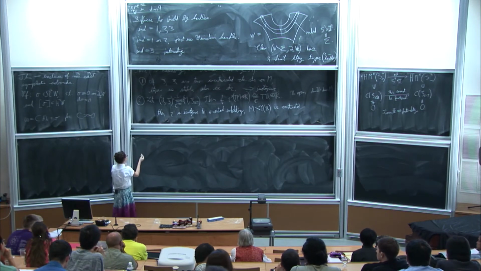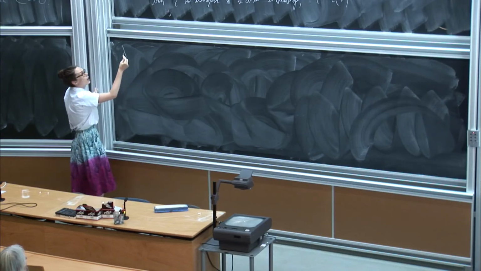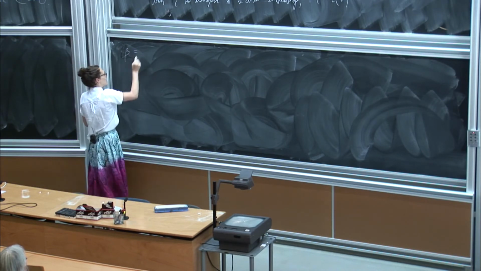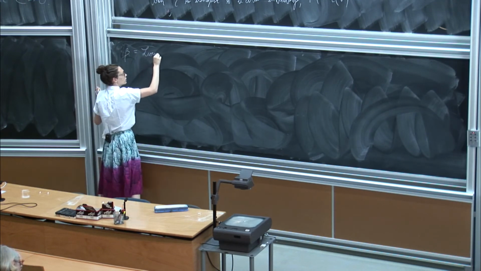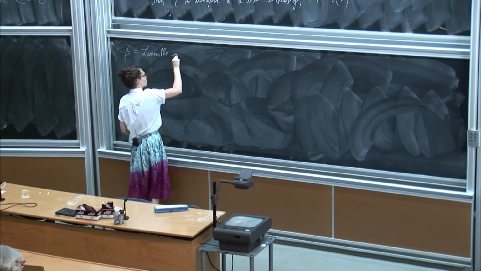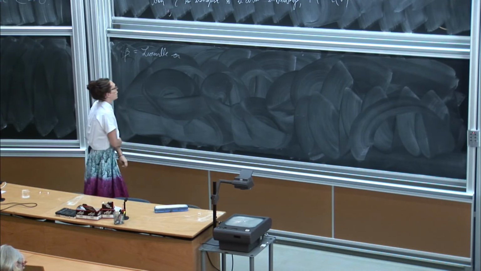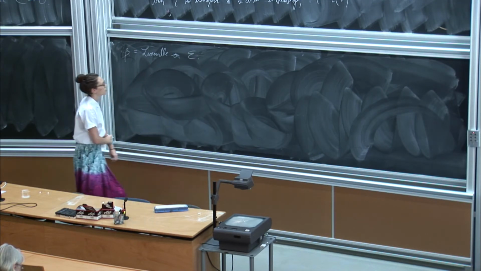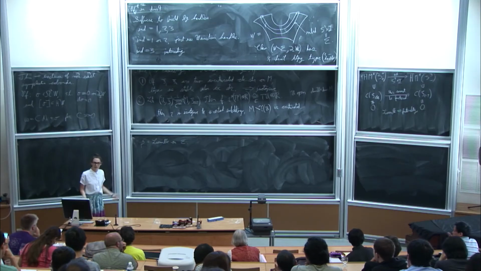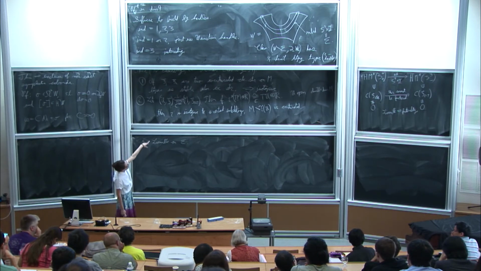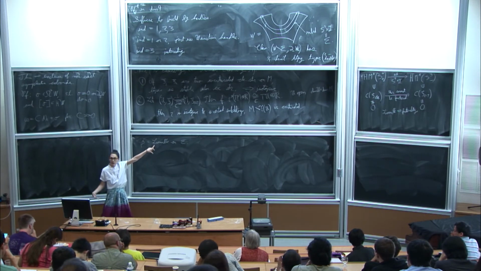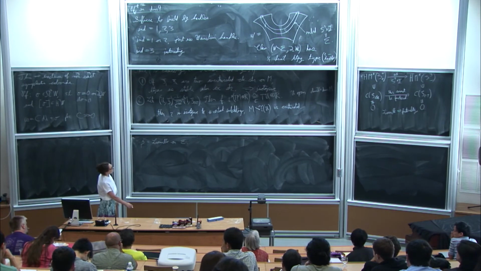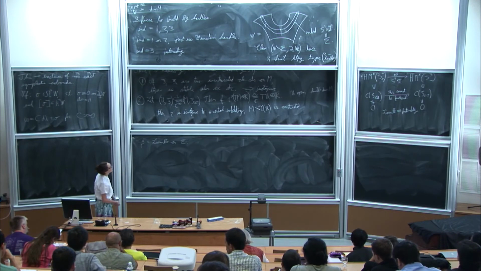First, let beta be a Liouville structure on sigma itself. So it's a cylinder and it's a Liouville structure. I mean that it should have convex boundary on both sides.